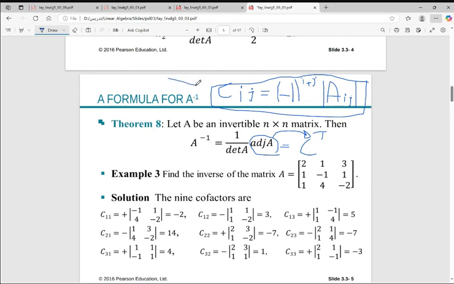It is computed using this equation: Cij equals minus 1 to the power of I plus J times determinant of capital A Ij. And what is capital A Ij? It is obtained by removing row I and column J from A. Right? Is this clear to you?